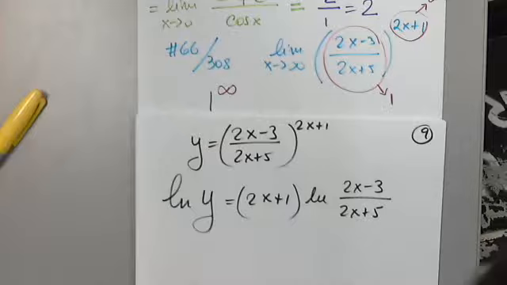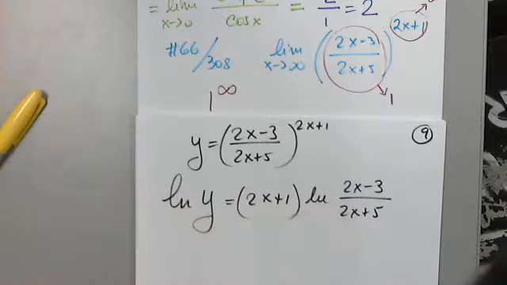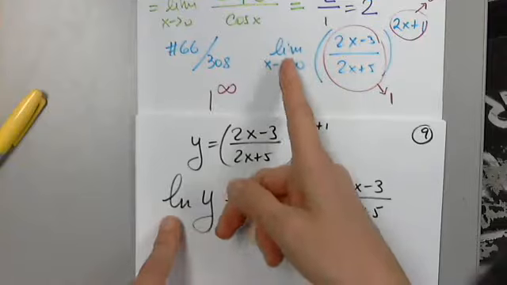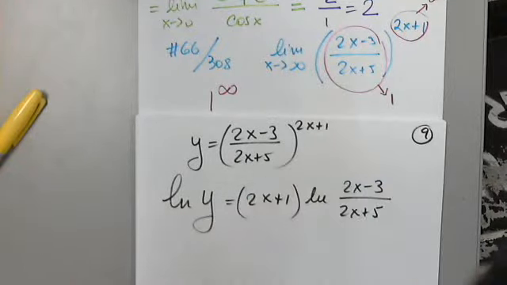We used the tool of log, and then eventually we differentiated. Here I use the tool of log, but now I really want to find the limit. But you can say, wait a minute, you're not asked to find the limit of a natural log. You're asked to find the limit of this function. We will get there. Like we did with applying natural log and then differentiating both sides. The same thing here.